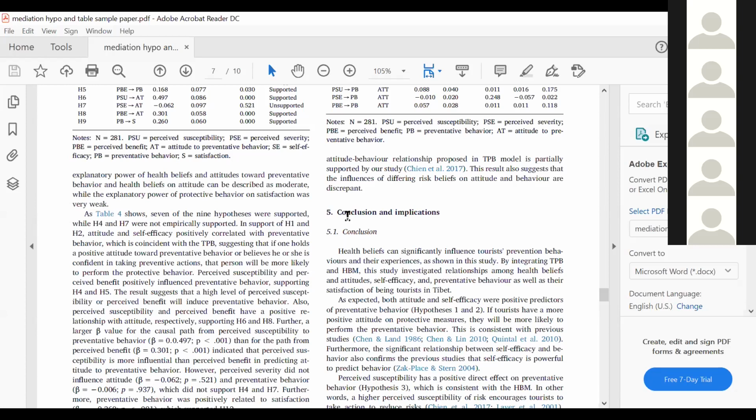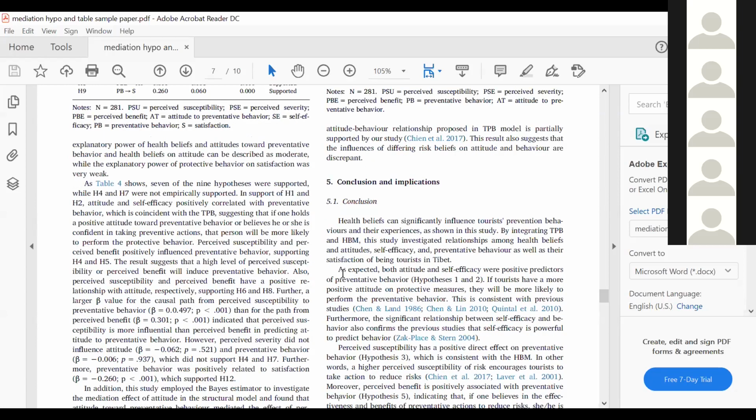Now let me come to the conclusion part, or fifth chapter, or the last chapter. Okay. Now, the first thing you do is you list your findings and the impact on either the research theory or the managers.